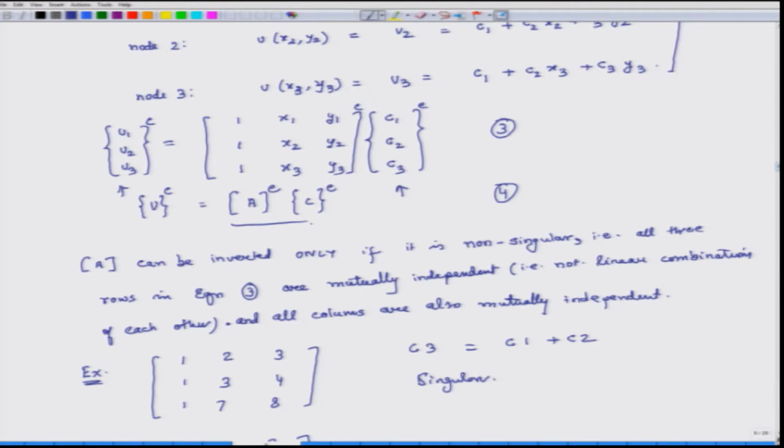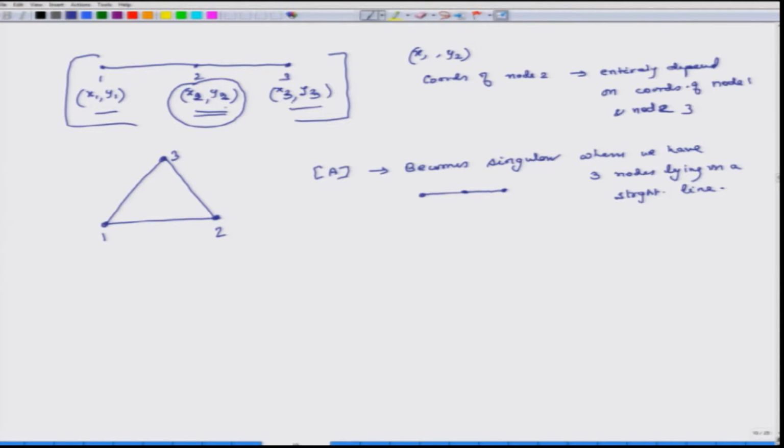Okay. So, whenever a mesh is being generated, we have to make sure that the nodes never accidentally lie on a straight line. Now, in reality, what could also happen is I can have a triangle which looks like this, 1, 2, 3.